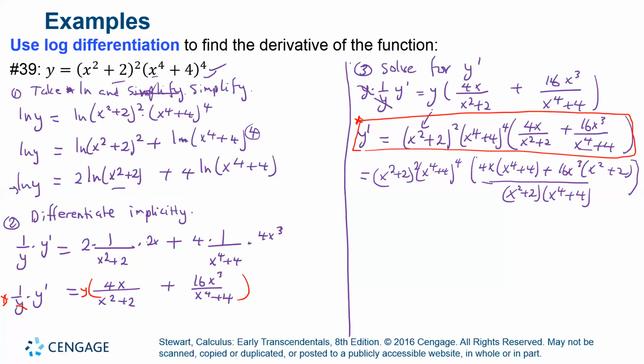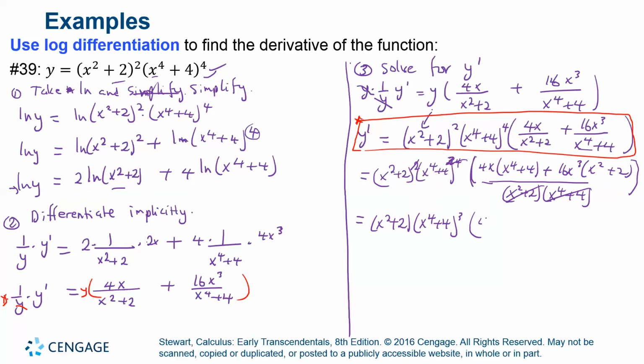So we want to multiply that. Now before I even go further, this will cancel one of this, and that will cancel also one of that, and you'll have, with 3. So then you have x squared plus 2 times x to the 4 plus 4 raised to the 3rd. Okay, now let's simplify.